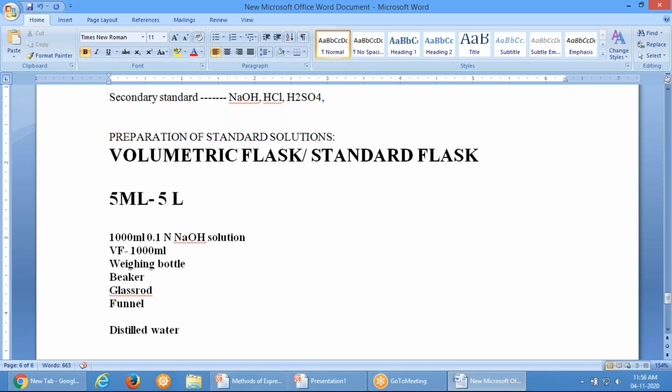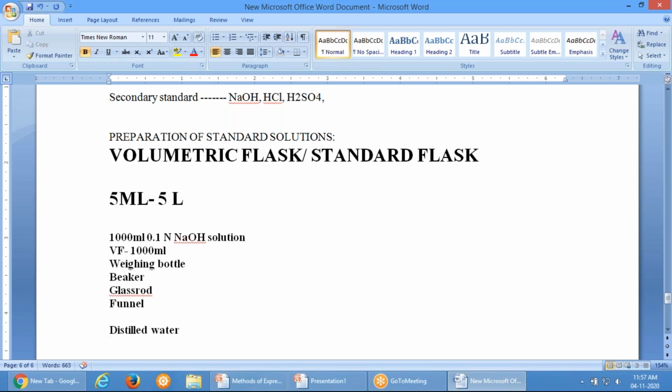Normal water contains ions, whereas distilled water is completely pure and does not contain any ions. When you are analyzing, these ions will interact with your chemicals or reagents and give some error in the reading. Hence, in analysis, we have to use only distilled water.